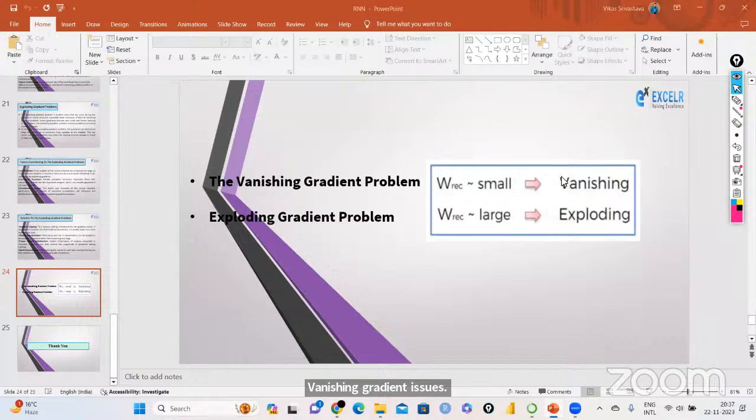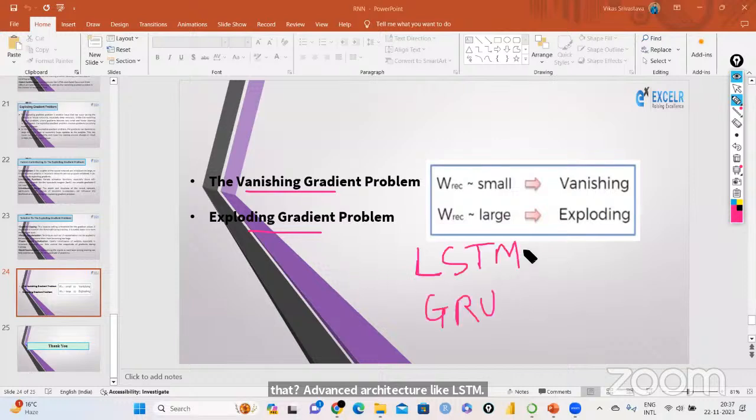Is that clear, guys? What are these two issues? The best solution to overcome these issues is using advanced architectures like LSTM and GRU. LSTM stands for long short-term memory. GRU stands for gated recurrent units.